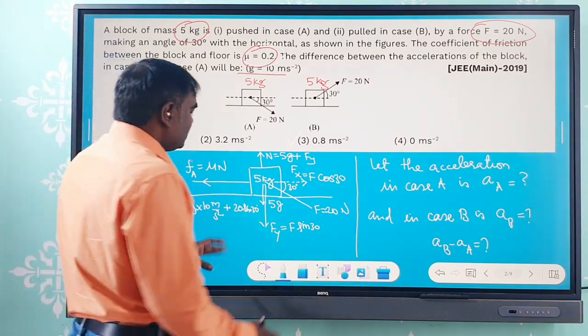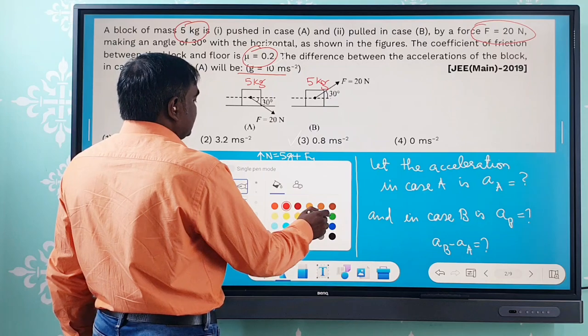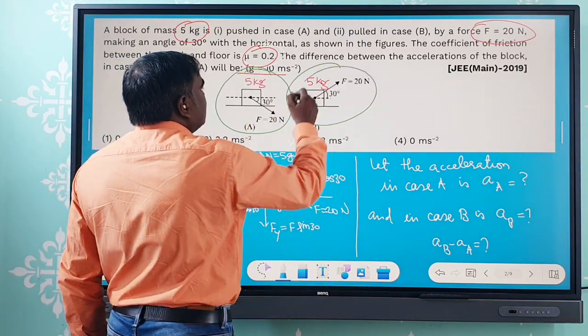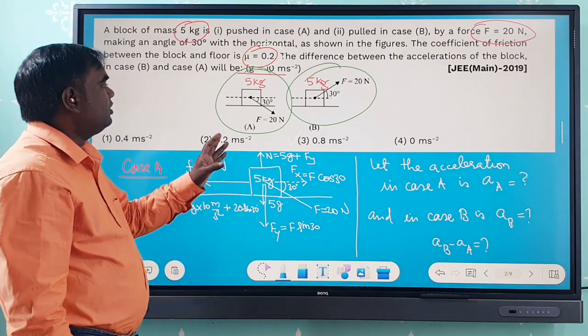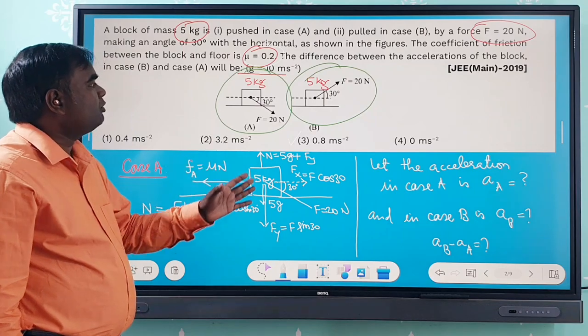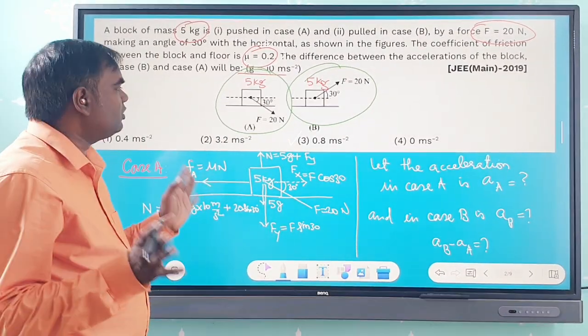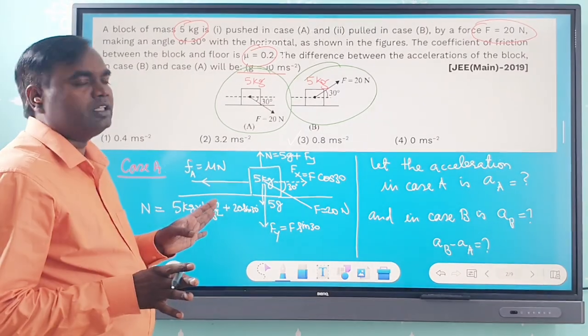Only one thing important here is to remember the techniques. You have to resolve the forces acting on the system, and you have to calculate the net force and all frictional force relations, resolving of the force component, and what forces are acting in what direction. You all know. You have to know this only, and then you can get the answer.